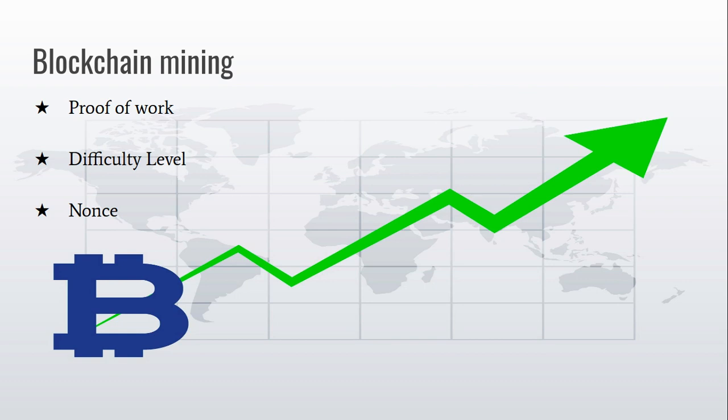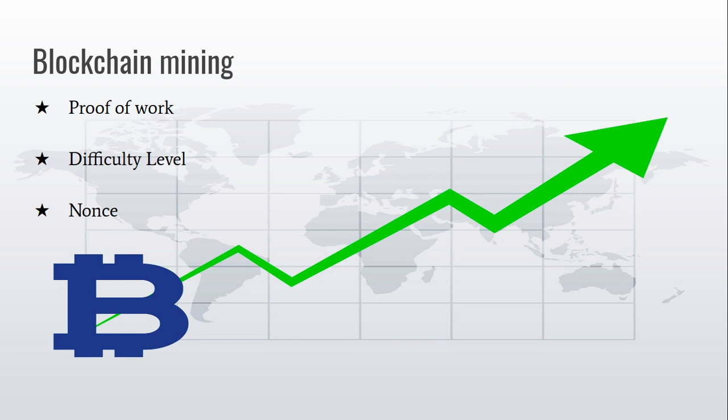To solve this security issue, blockchain has something called proof of work. With this process, you have to prove that you have put a lot of computing power into making a block. This process is called mining. What it does basically is alter the first leading characters of the hash to zeros. That is called the difficulty level.